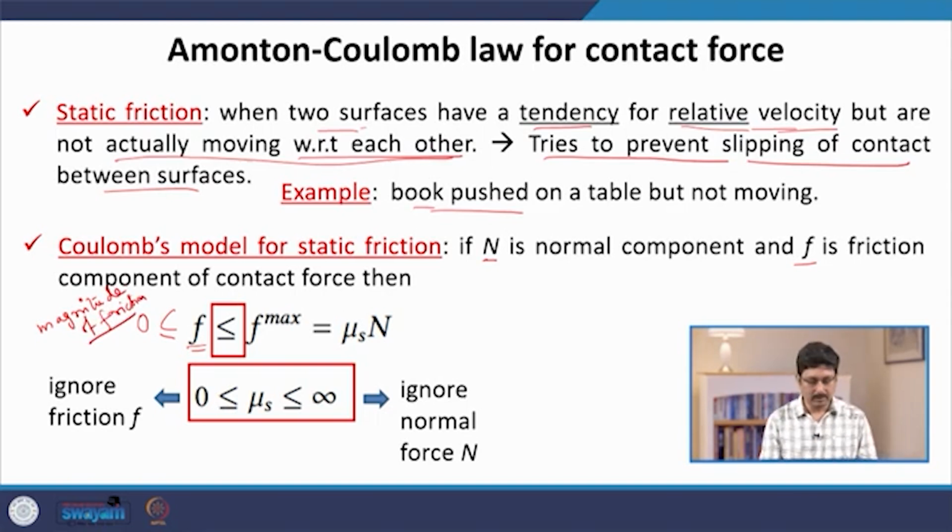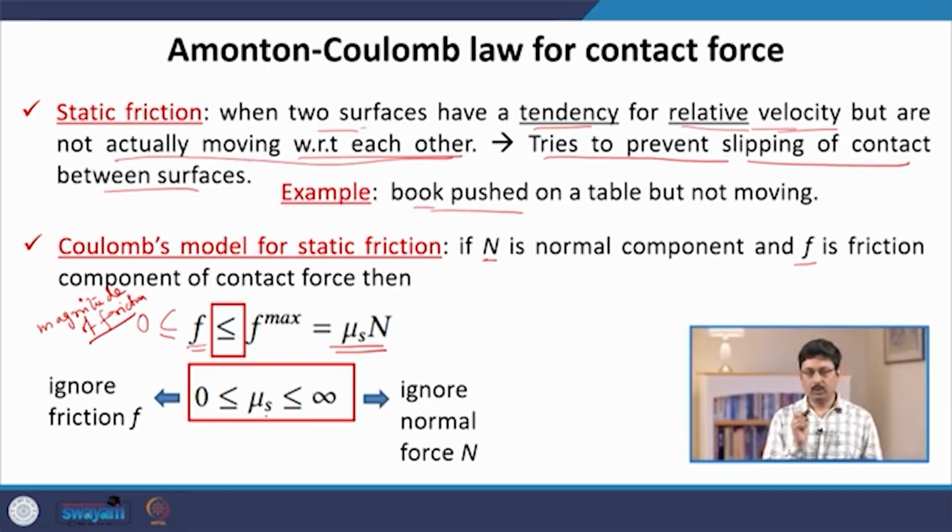It can be anything from 0 up to a maximum, and this maximum value of frictional force is given by mu times N, where mu represents the coefficient of static friction. So, mu is a constant.